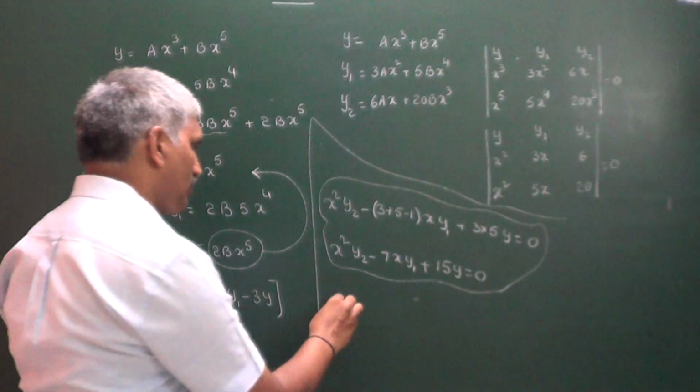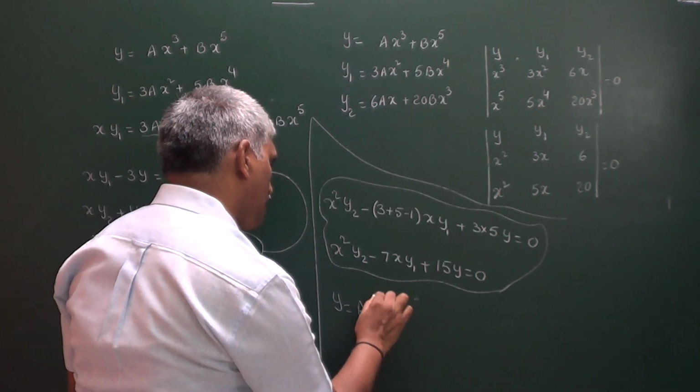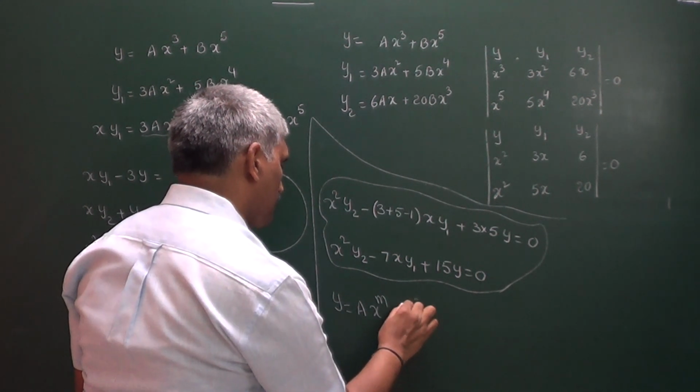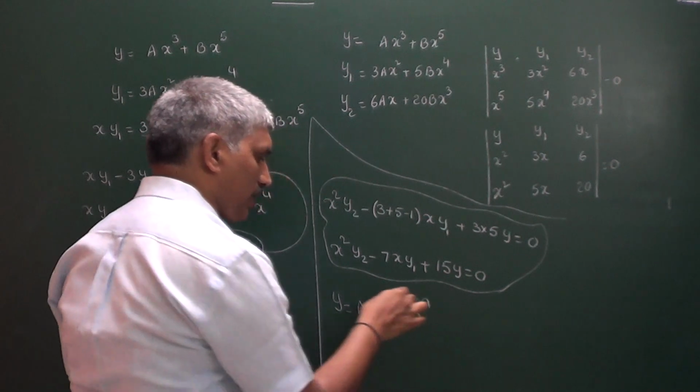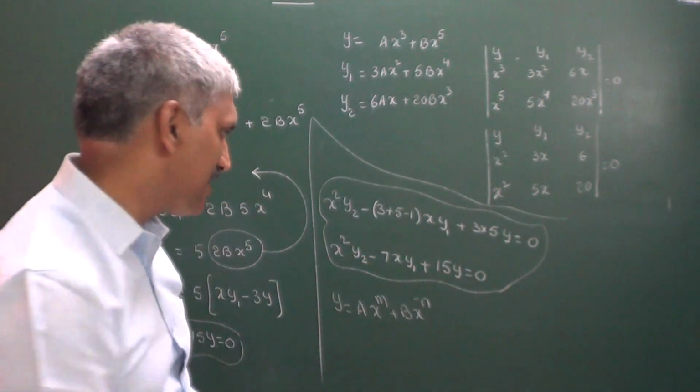Okay, so that's why we can write the formula like this. y is equal to a into x power m plus b into x to the power of n. That is the given curve equation involving two arbitrary constants.